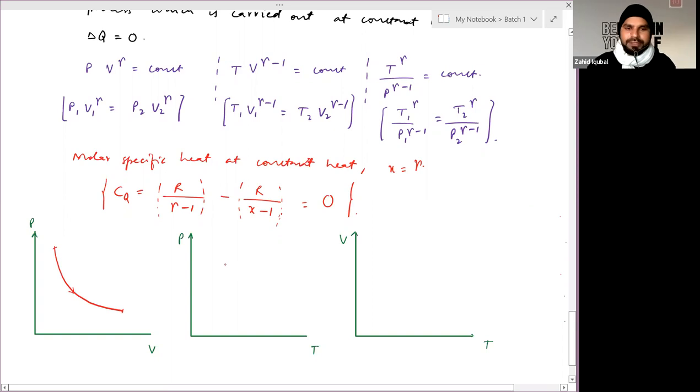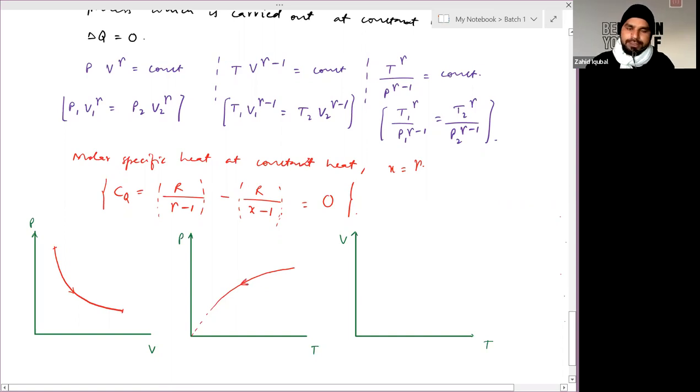In second part, pressure and temperature, according to this third relation, you will say pressure and temperature is directly proportional to each other, but with different exponential. So graph will be curve like this. But in this part, since volume is increasing, so pressure must be decreasing as well as temperature must be decreasing.